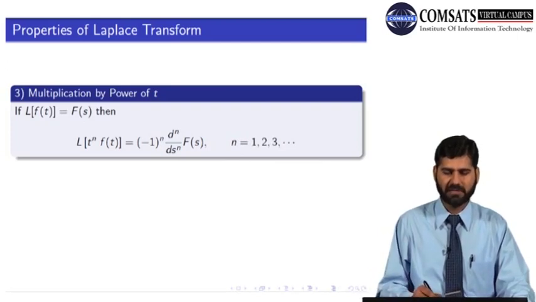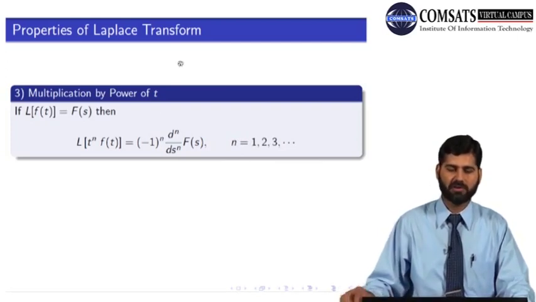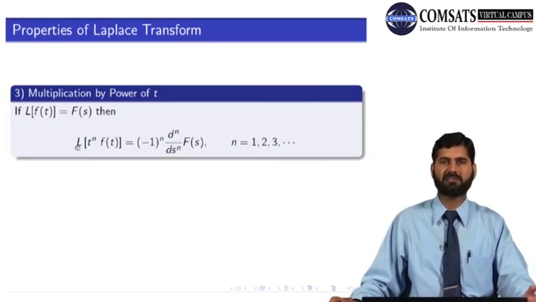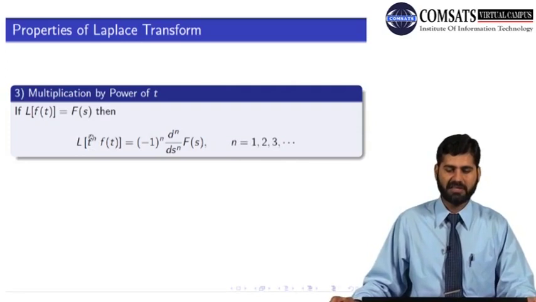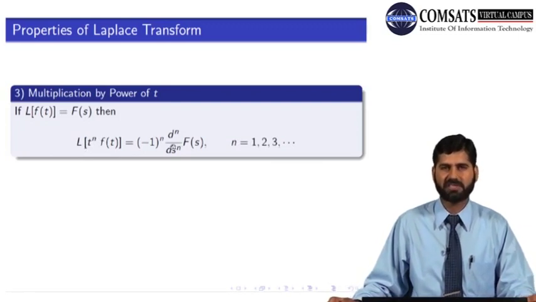If you multiply your function by t to the power n, not by an exponential (the exponential only shifts the origin), this will differentiate your Laplace transform n times. Multiply by t, it differentiates once; t squared, twice, and so on. The plus and minus sign changes according to the order of the derivative.